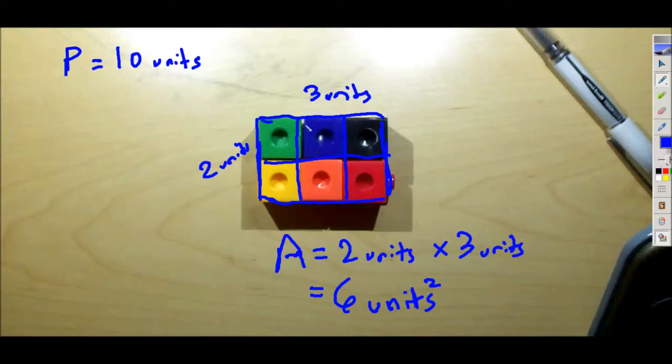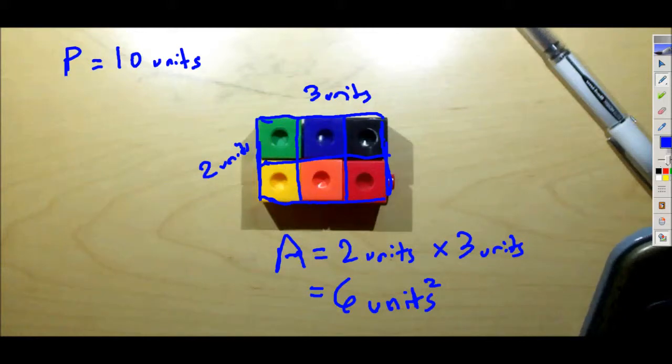This has a length of 3, so I'm cutting this up into 3. This has a length of 2. I'm cutting this up into 2. And if I count the number of squares, 1, 2, 3, 4, 5, 6, there are 6 square units. That is what we get when we multiply: 6 square units or units squared, same thing. So that's why we have this little 2 here. That's units times units or units squared.